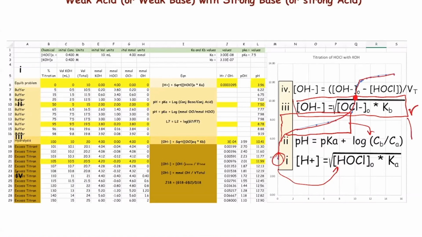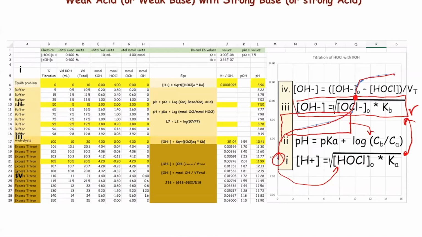Notice that these 2 equations look near identical. But one's for hydronium, the other's hydroxide, because at the equivalence point, you've converted all the acid to its conjugate, and now the solution will be basic. Yes, the solution will be above pH 7 in this particular case.